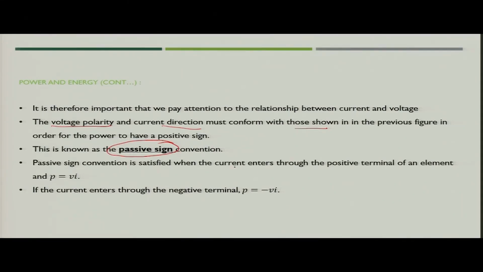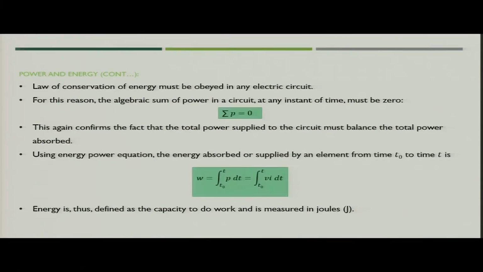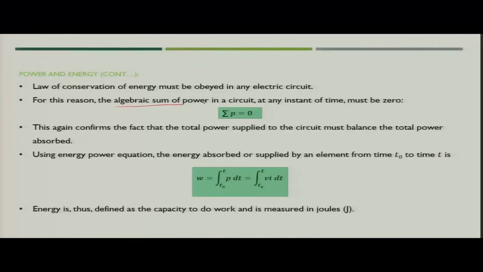It is satisfied when current enters through the positive terminal of an element, the power consumption is positive, and when current enters through the negative terminal, then power P is negative of Vi, that means power is being supplied by the element. This aspect follows the law of conservation. One should supply the power, other should consume the power, and for this reason the algebraic sum of power in a circuit will always be 0.